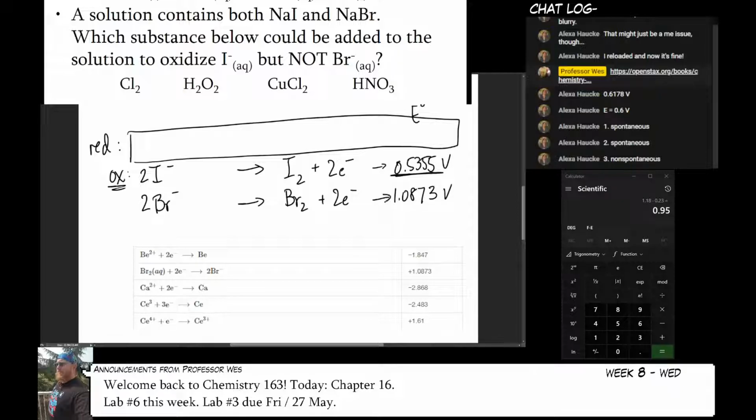But if it's bigger than the bromine one, that reaction will occur too. So I need a reduction reaction with E greater than 0.5355, but less than 1.0873. And the reason for that is because, remember, E cathode, which will be this number, minus E anode, which will be this number. If it's spontaneous, it's got to be a positive number.